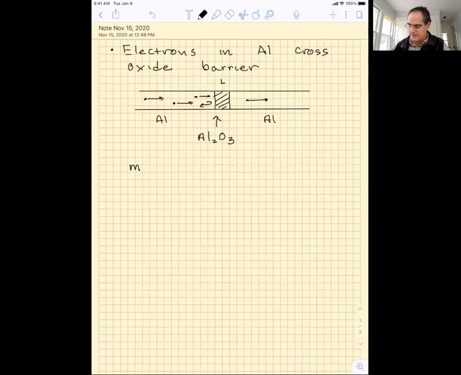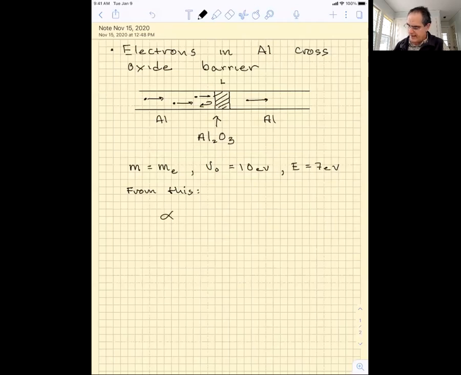We'll assume that the electrons behave like particles with the electron mass. We'll assume that the barrier height is about 10 electron volts, which is about right for an oxide. And we'll assume that the kinetic energy of the electrons is about 7 electron volts, which represents the Fermi energy in the aluminum. From this, we can calculate a couple of things.